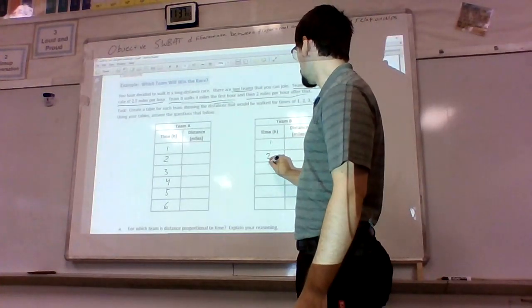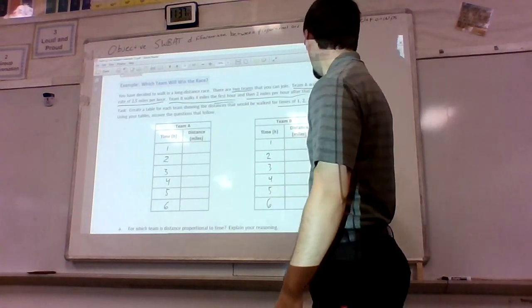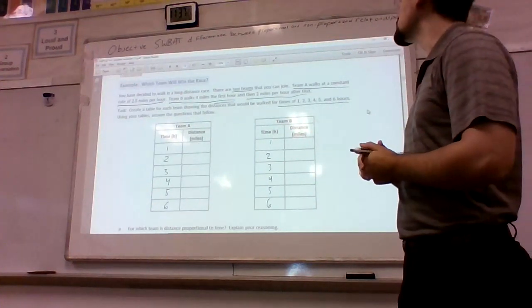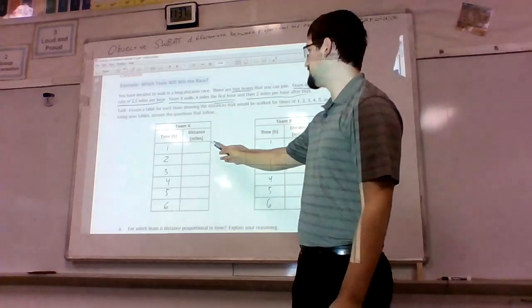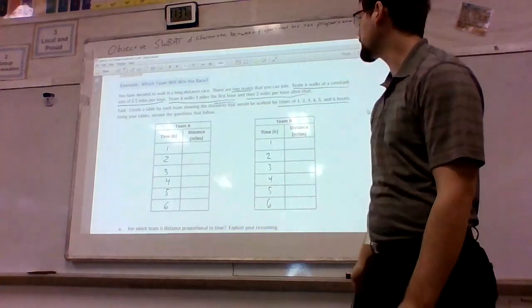Those are pieces of information they gave us. Now we need to use the rates that we are given to find out what the distance will be after each number of hours.